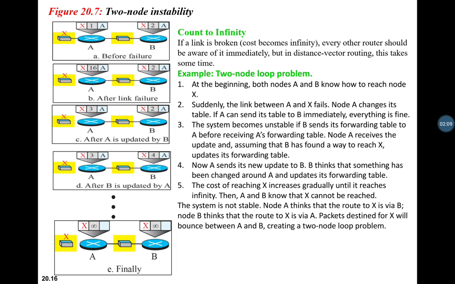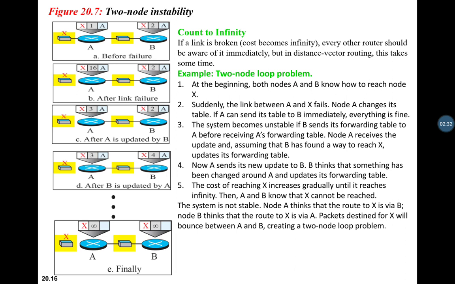So A receives the update and, assuming that B has found a way to reach X, updates its forwarding table. A thinks that B has already received whatever it had sent, so B must have found a new way to reach X, and it updates the forwarding table, which is actually wrong data.